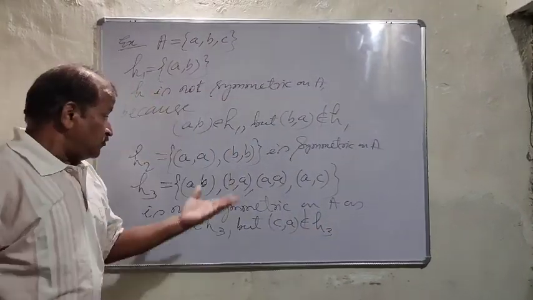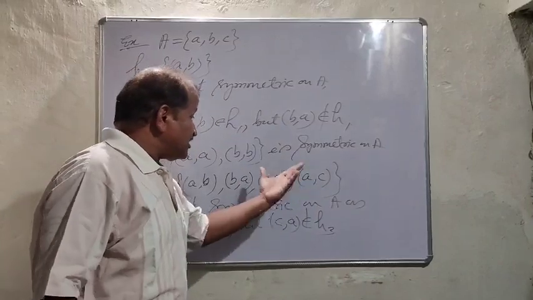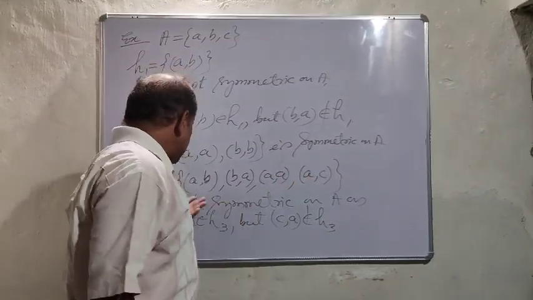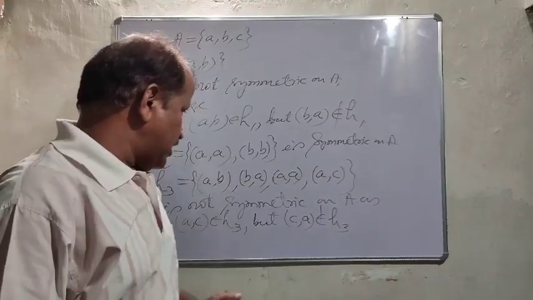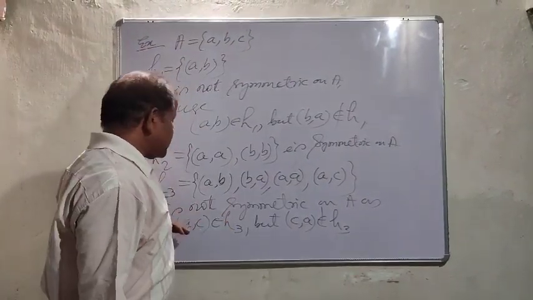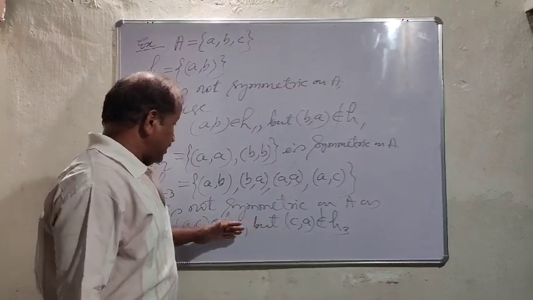Now we are able to find such an example in the relation where a is related to c but c is not related to a. So it is not symmetric on A.